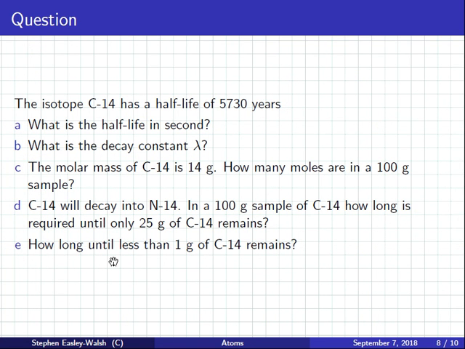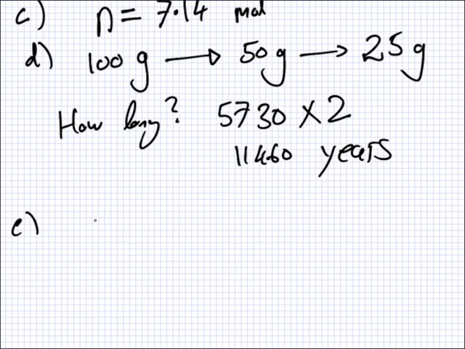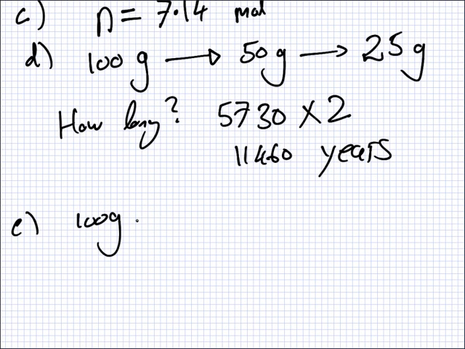Lastly, how long until you have less than 1 gram? Okay, let's work this out. E. So you start off with 100. Then 50. How long did that take? 5,700 years, yeah. Next? 25.